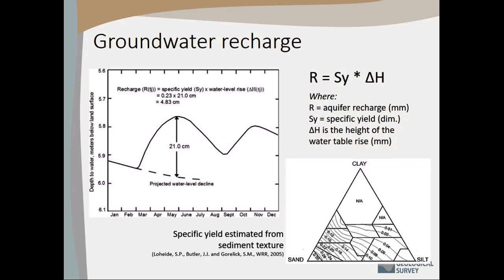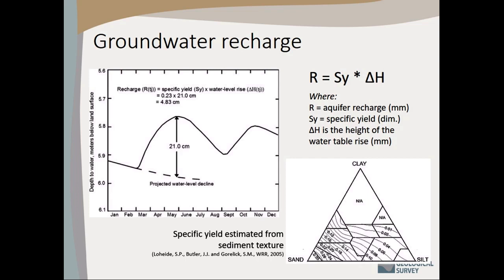You can estimate specific yield through soil tests and a variety of other mechanisms. Here's a paper published in WRR in 2005 from Steve Loheide, who's now at Wisconsin, and they did some modeling and developed this handy textural diagram that shows what specific yield might be based on the texture of your material.